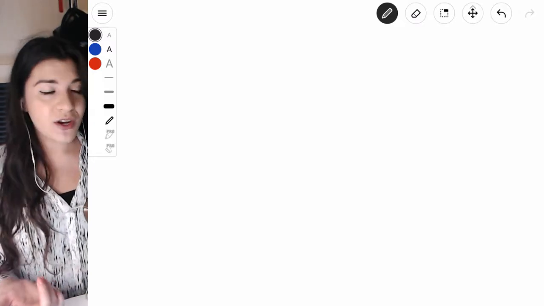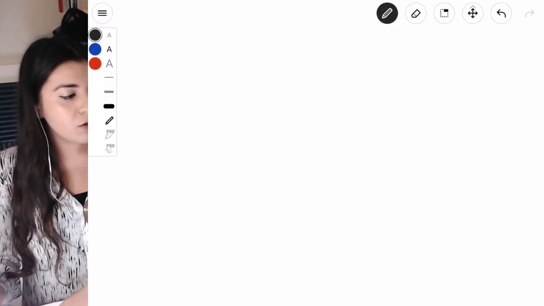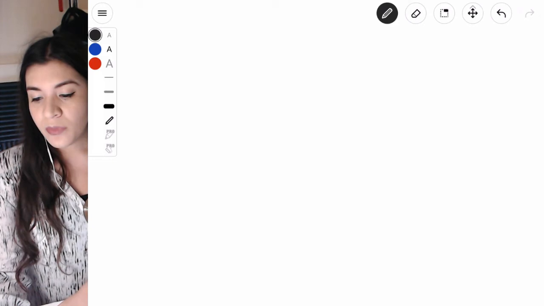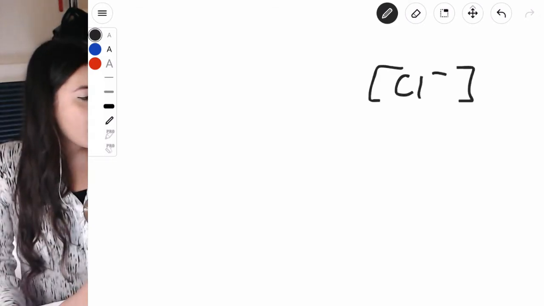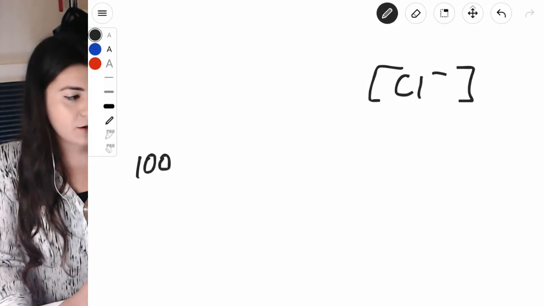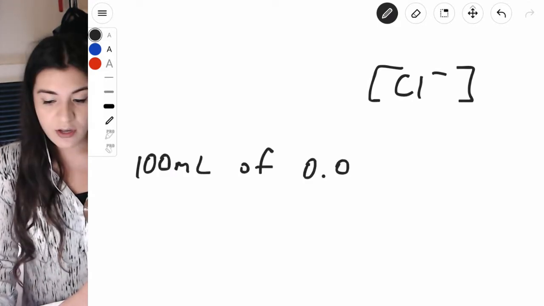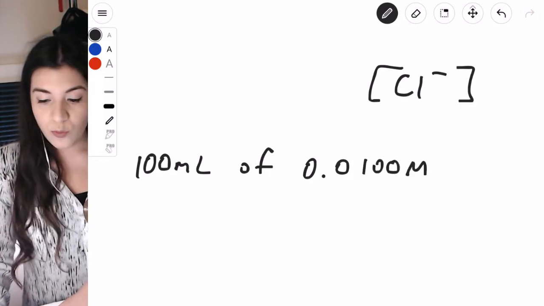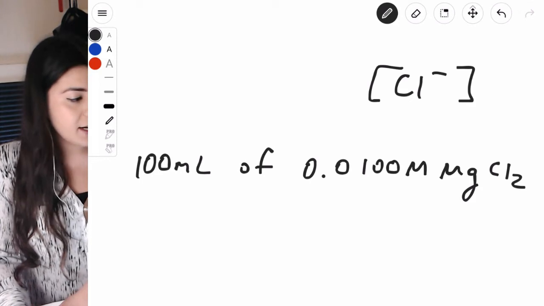So let's start off with our first question from Abby, saying, determine the chlorine ion concentration. So we'll find our chlorine ion concentration after 100 milliliters of, let's see, all of our different concentrations that they give us. After I write all this down, we'll build a balanced equation and see what we're asked to find.